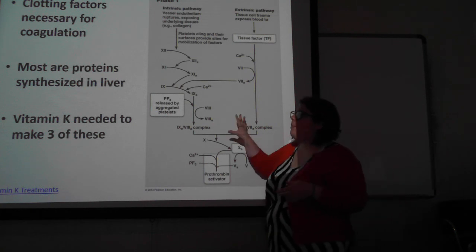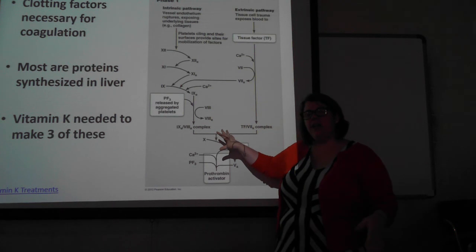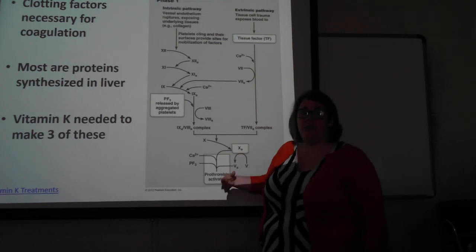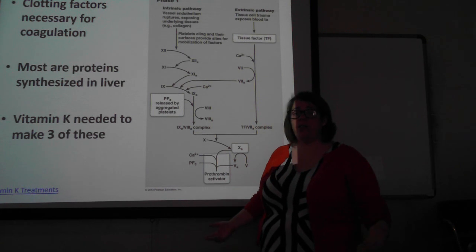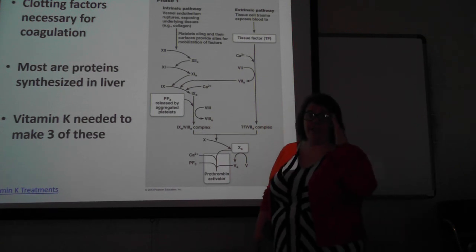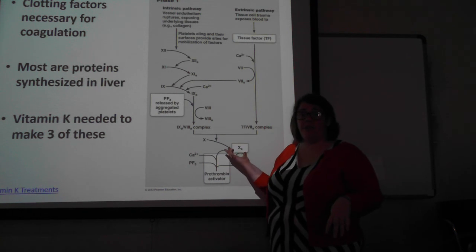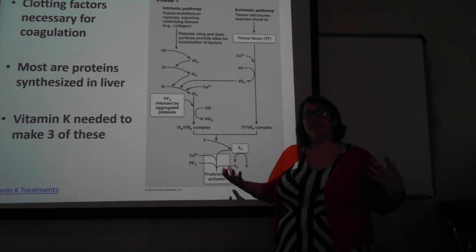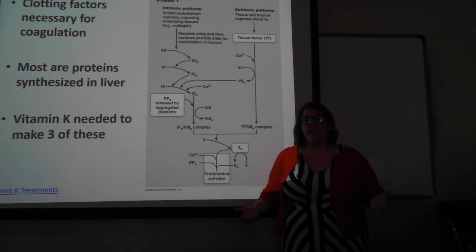And the cool thing about the plasma is that's where the clotting factors are located. So that's something that an individual with hemophilia will often get transfusions of, either whole blood if they've had a bleeding incident, or they'll get periodic transfusions of plasma because that plasma contains the necessary clotting factors that they would need in order for their blood to clot.